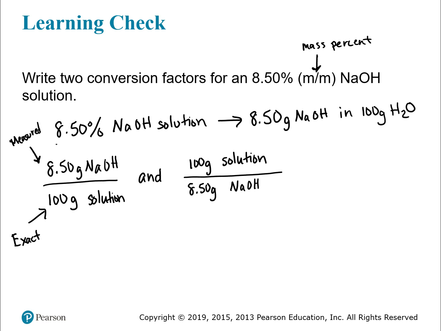So remember, 8.5%, we're talking about part out of a whole, and that whole is always 100. So you can write out two conversion factors to use to do more math.